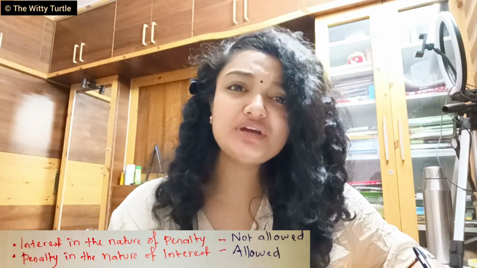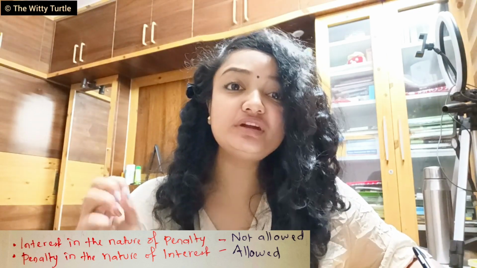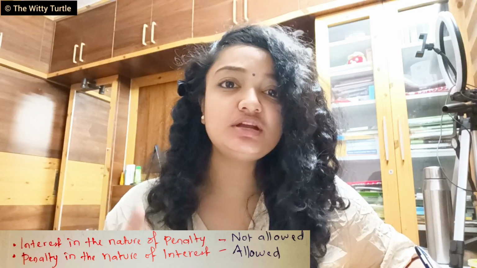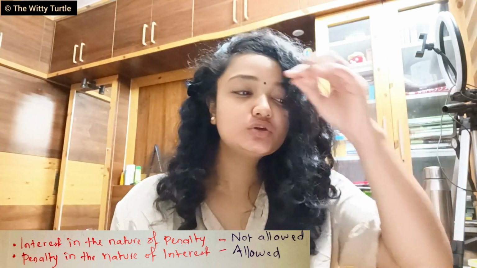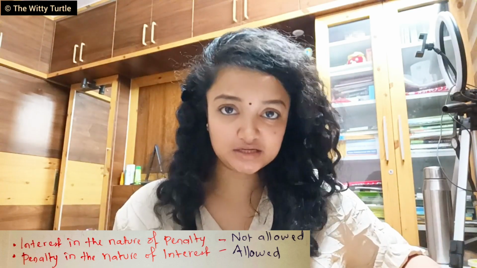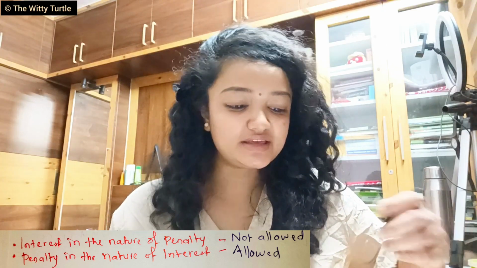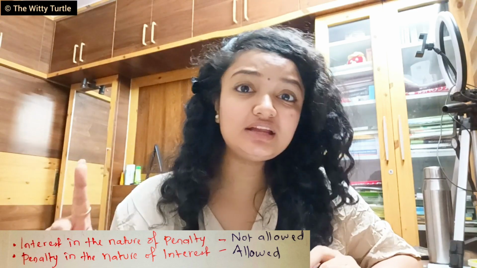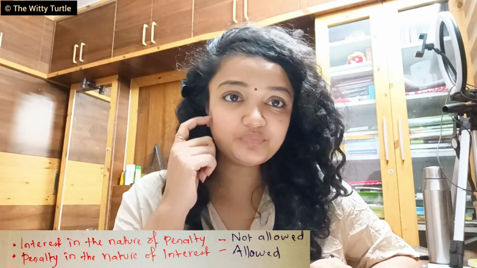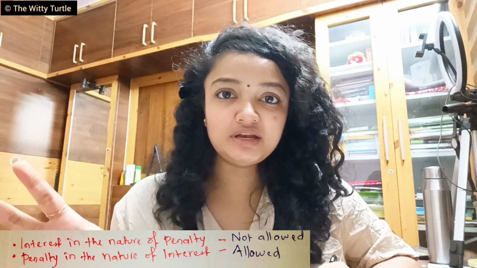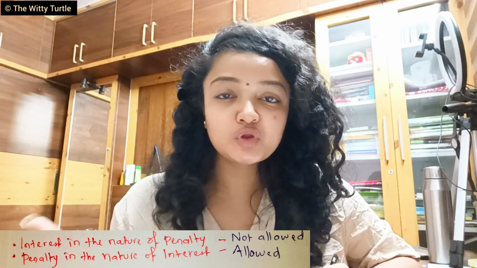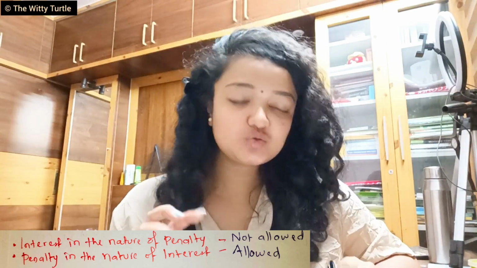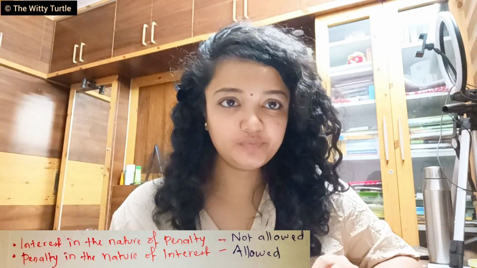Another point we forgot to revise: penalty in the nature of interest is allowed. If you pay any amount as a penalty which is compensatory in nature, it will be allowed as a deduction.